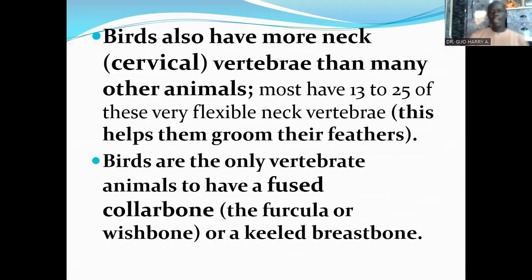Birds also have more neck or cervical vertebrae than many other animals. Most of them have 13 to 25 of these very flexible neck vertebrae, and this helps them to groom their feathers, that is, to turn their heads back to clean their feathers.